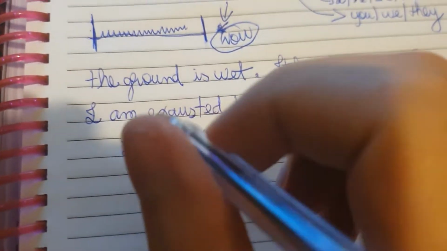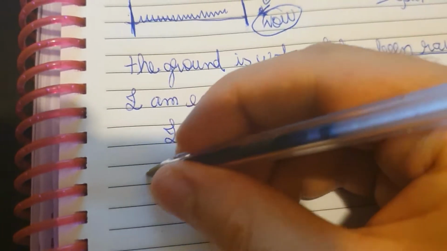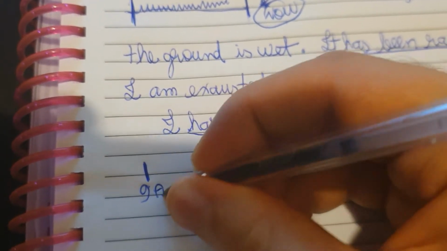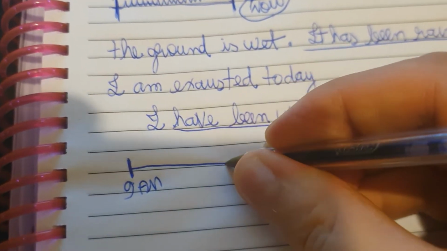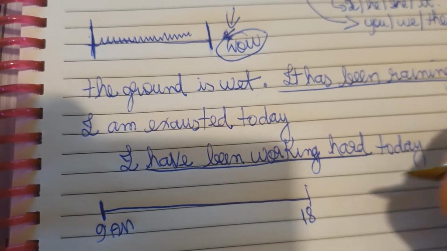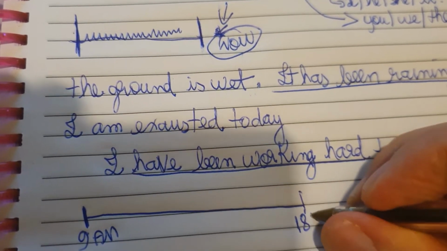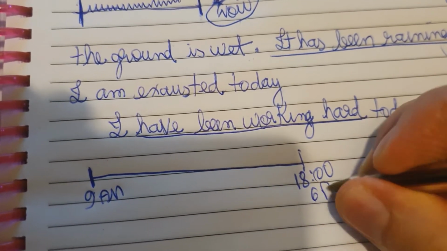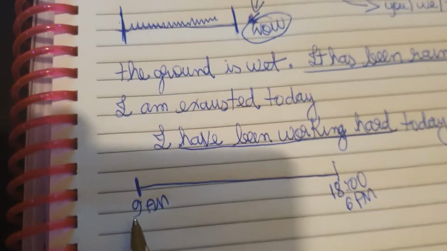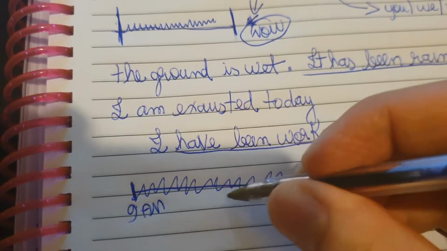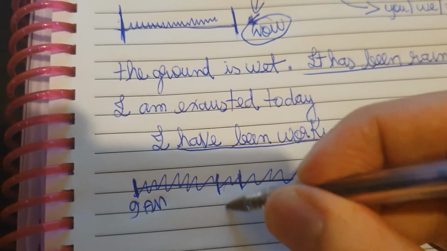So let's see it in the timeline. You started working, for example, at 9 a.m. You work throughout the day. You stop working at, let's suppose, 6 p.m., right? Or 6 p.m., it's the same thing. You work throughout the day. Of course, you have a break to have lunch.